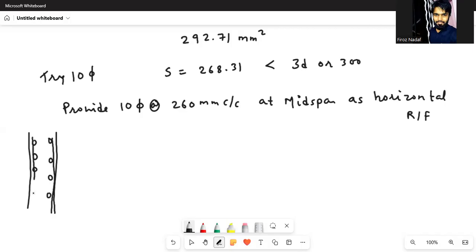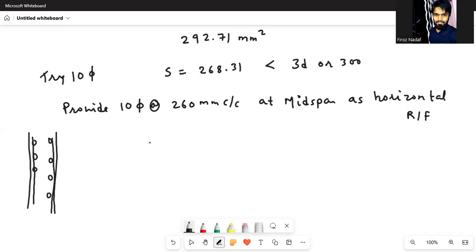And the vertical reinforcement is nothing but the distribution steel in the side wall, like the minimum reinforcement. How you are providing distribution steel in the slab, in the same way, distribution steel has to be provided in the side wall. Okay, and that is the minimum reinforcement.